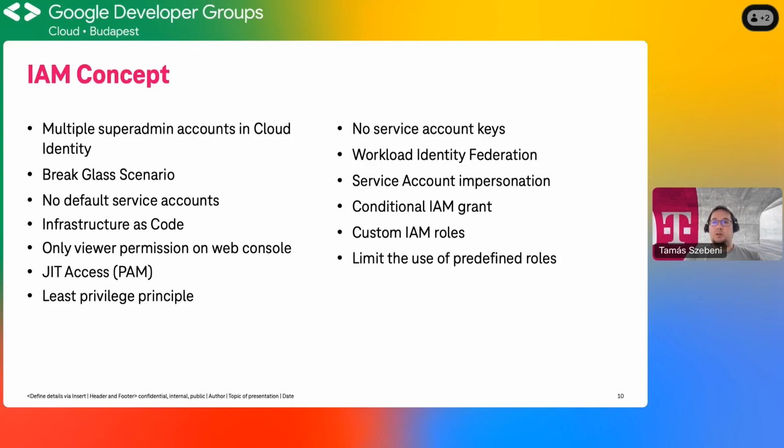We should avoid using default service accounts on Google Cloud Platform. We should follow infrastructure as code, and for the web console, in most cases we only need viewer permissions, but otherwise we need to rely on automation to execute any changes.